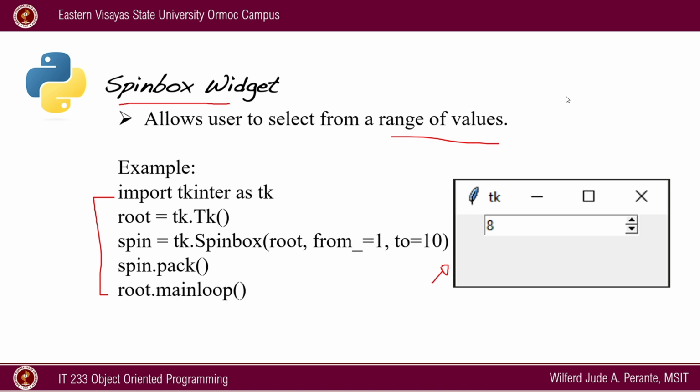So the spinbox allows the user to select a value from a specified range by clicking the up and down arrow buttons, or you can type it directly on it.